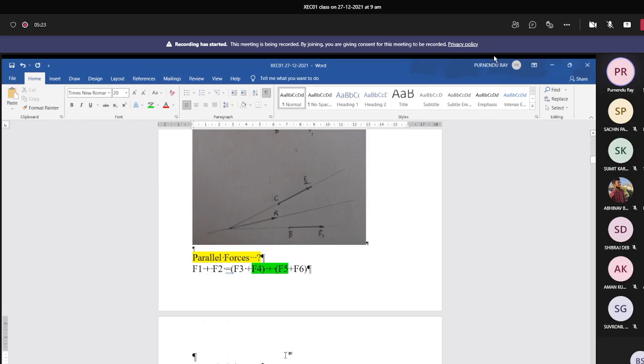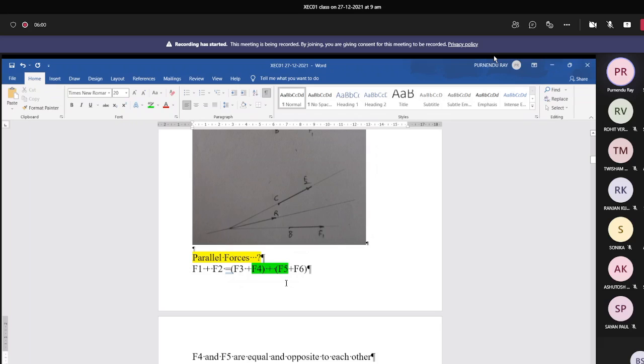So F4 and F5 are equal and opposite to each other. Done. Then the resultant R is F1 plus F2, that is equal to F3 plus F6.